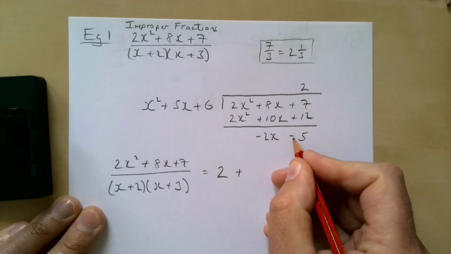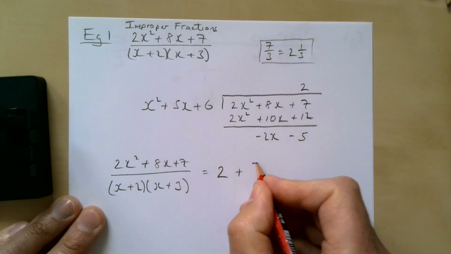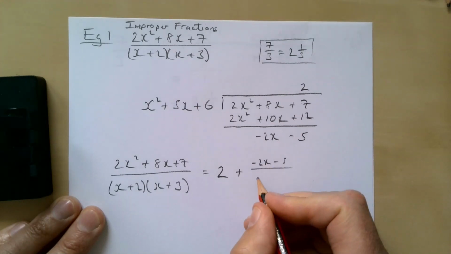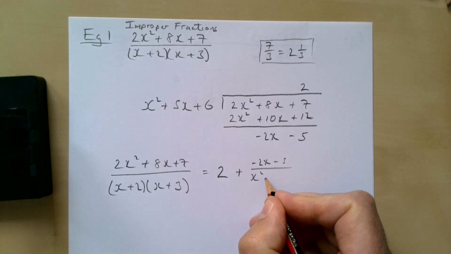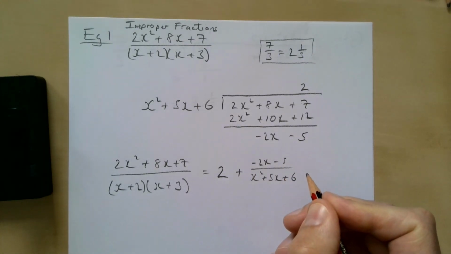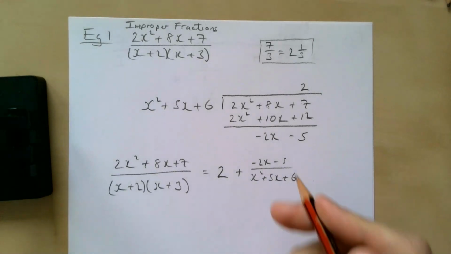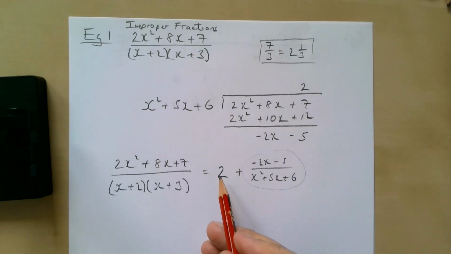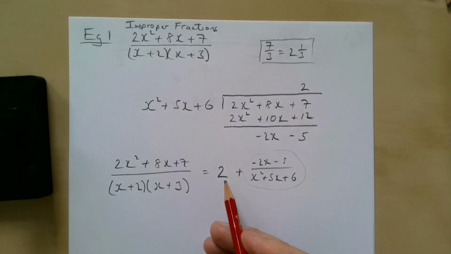Here's our remainder, which is the equivalent of our 1: minus 2x minus 5 all over x squared plus 5x plus 6. I hope you see what we've done there. Now we're just going to do our partial fractions for this, and remember to put the 2 at the front at the very end.